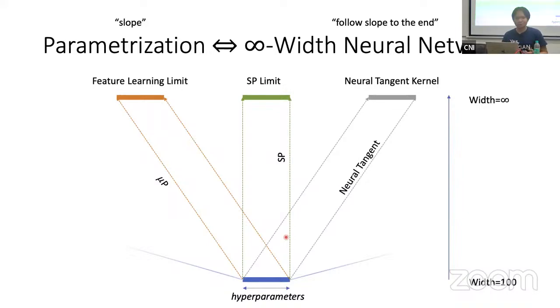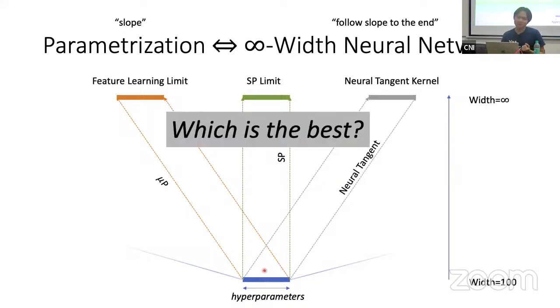But when you want to train these large models, you want to predict what the curve will look like without actually looking at the specific points on it. So essentially, the question is, asymptotically, if you look at the curve of the optimal hyperparameters, which parameterization does it look like? Which is the best, in the sense of which one is more aligned with how the optimal hyperparameters look when the width is large?